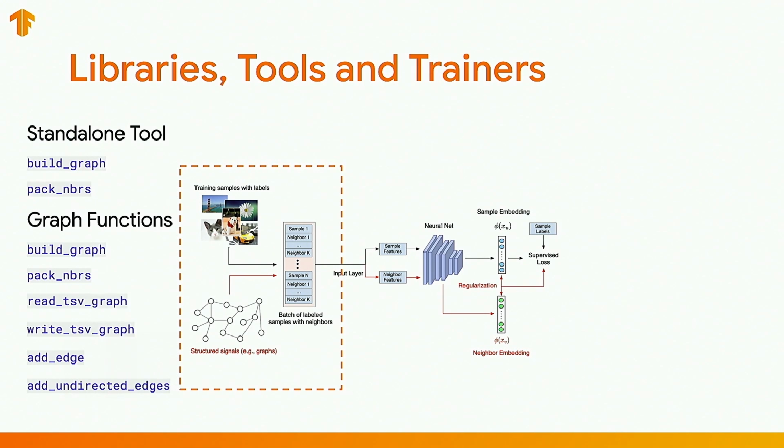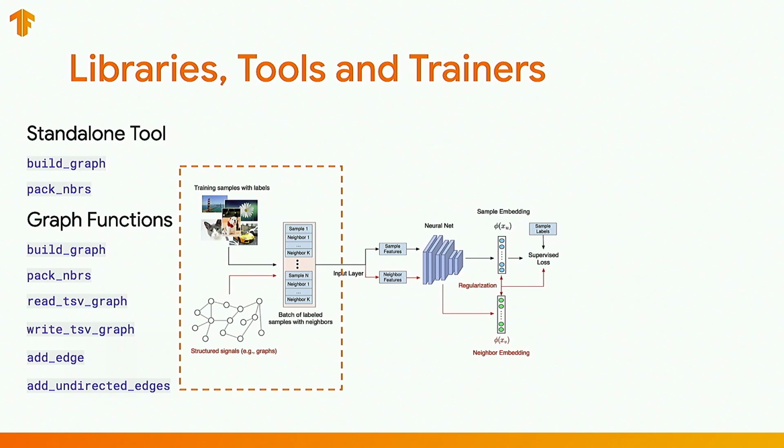Let's first take a look at the left part of the workflow. The training samples and neighbors from the same neighborhood are packed to form the new batch. Notice that in the batch, each training sample is extended to include the neighborhood information. To achieve this, in the neural structural learning framework, we provide standalone tools such as build graph and pack neighbors that a user could invoke directly.